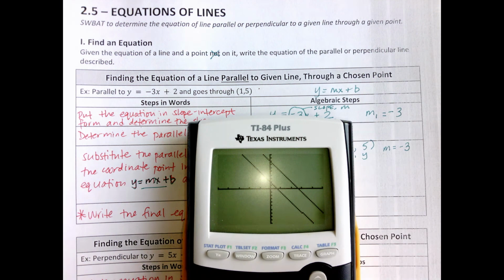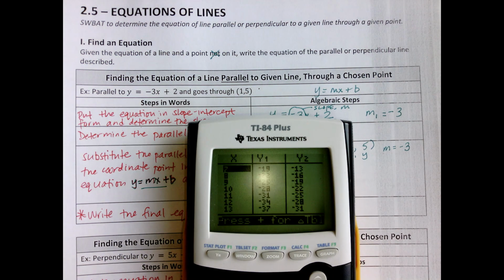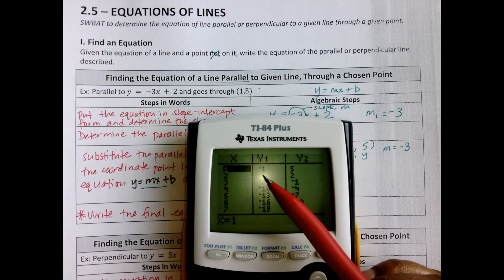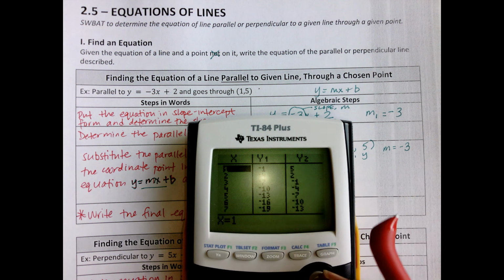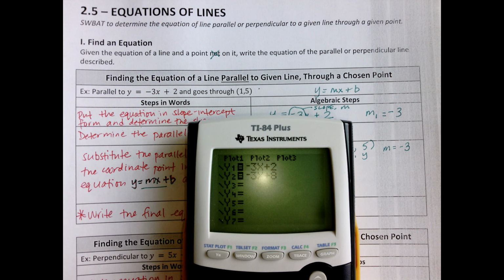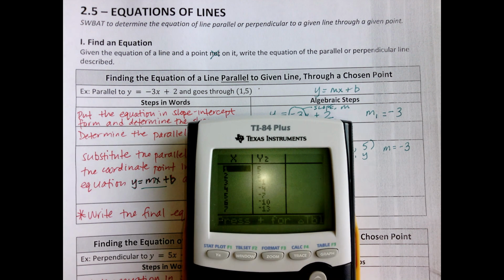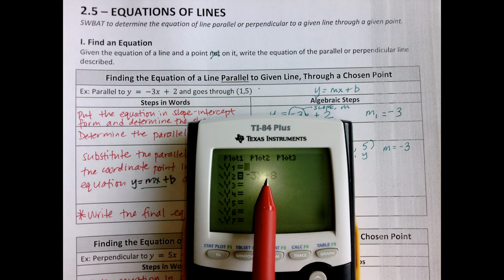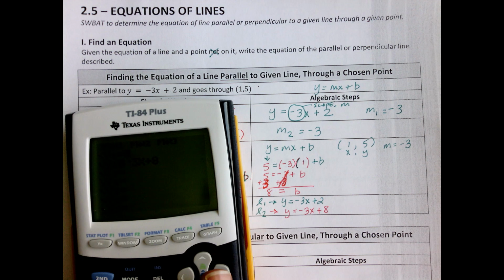So I'm going to look at my table and find the point (1, 5), and my second line has it. Let me get rid of that original one so I can see it clearly. Yep, (1, 5) is a point on this line, and that's why this answer is correct.